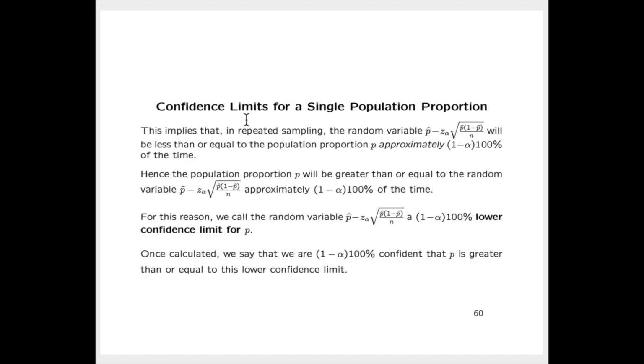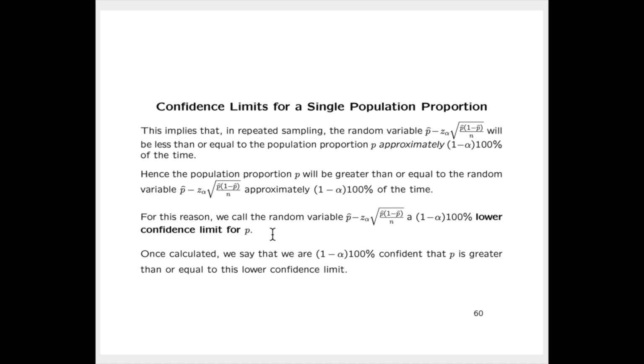So again, we're thinking in terms of relative frequency of probability. That means the population proportion p, whatever it happens to be, will be greater than or equal to that random variable approximately 1 minus alpha times 100% of the time. Because of that, we call this random variable a 1 minus alpha times 100% lower confidence limit for p.